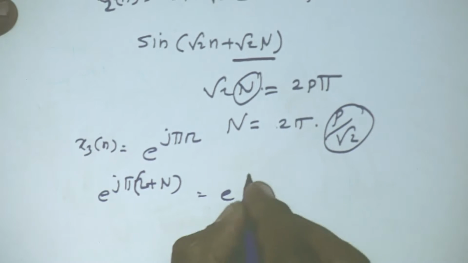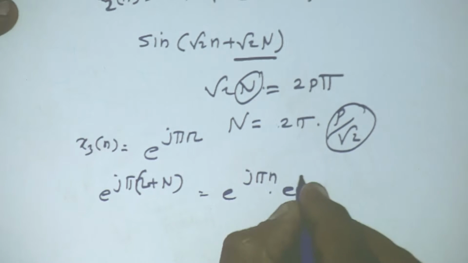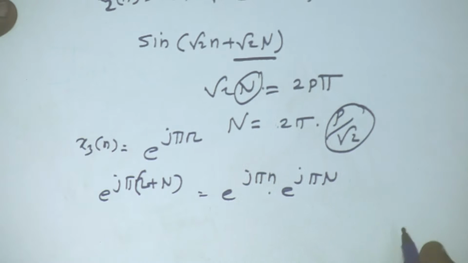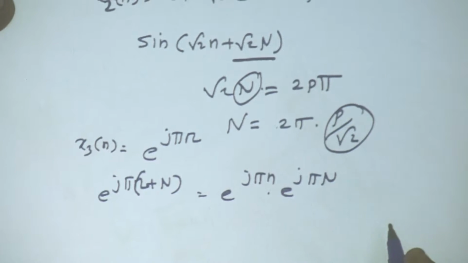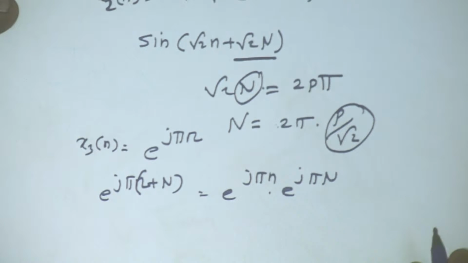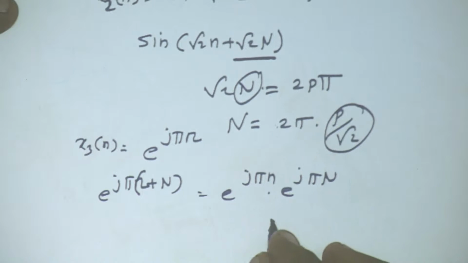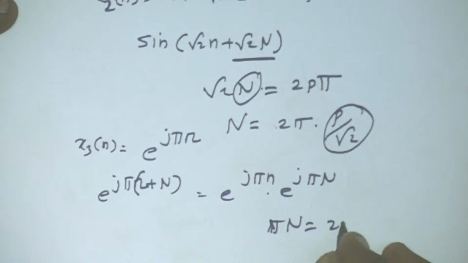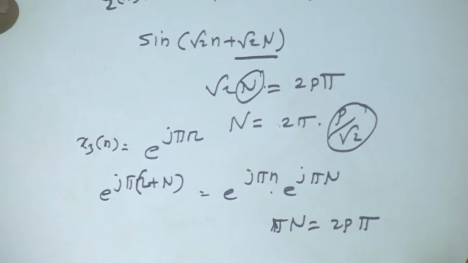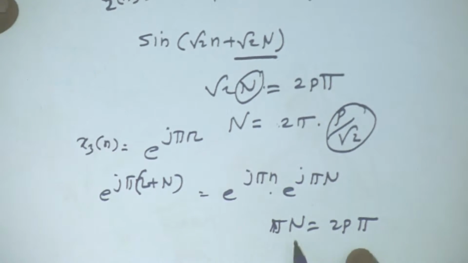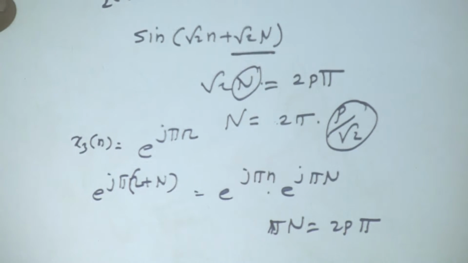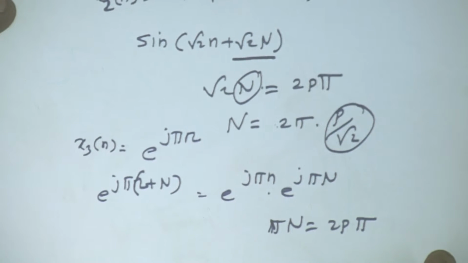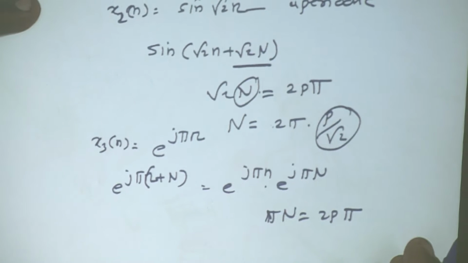This is equal to e to the power j pi n multiplied by e to the power j pi capital N. And we know that the complex exponential is periodic with period 2 pi. So when pi N is equal to 2 p pi for any integer p, if I get N to be an integer, I correspondingly get the signal periodic.